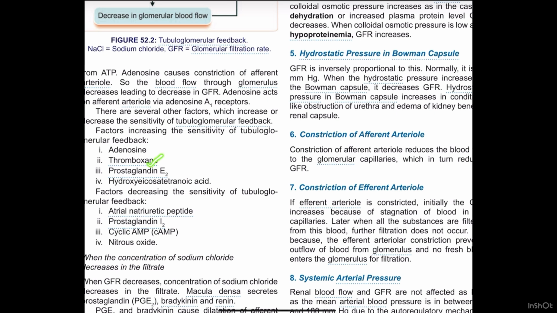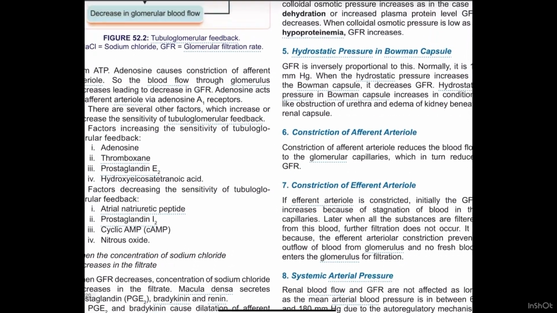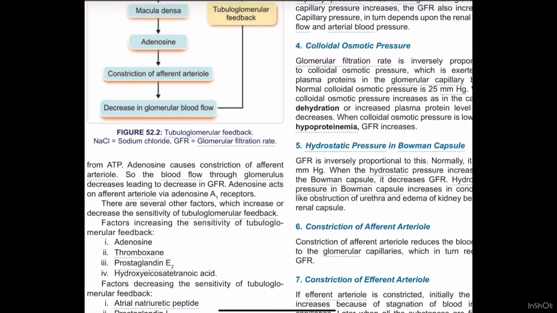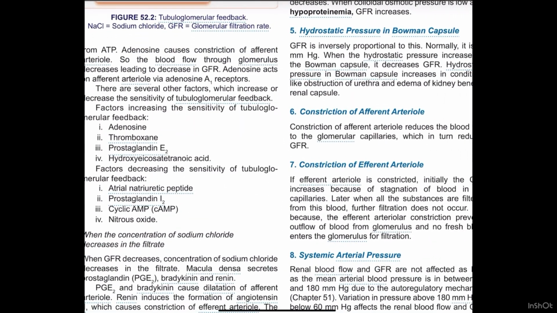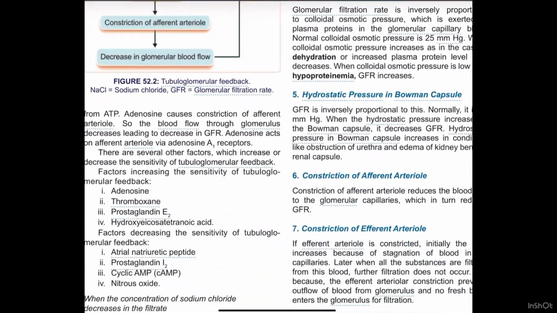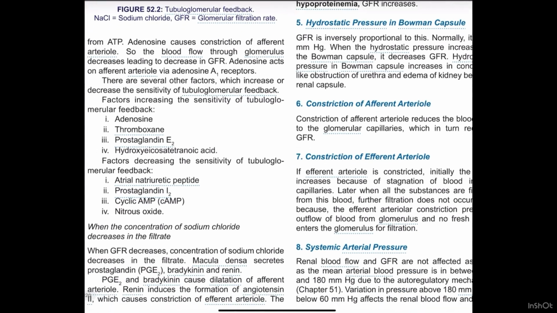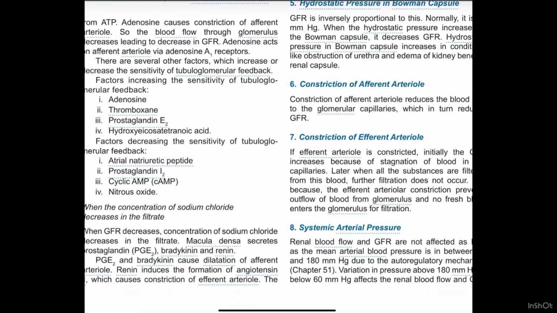Thromboxane, and then atrial natriuretic peptide, and next prostaglandin I2, cyclic AMP, nitric oxide.